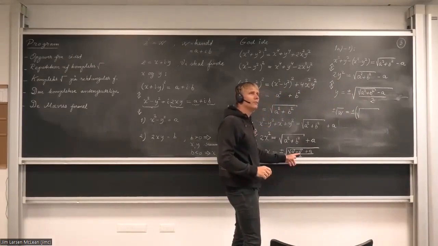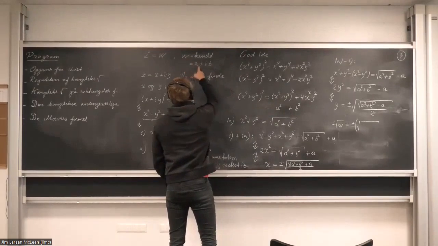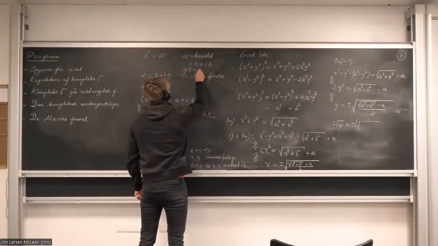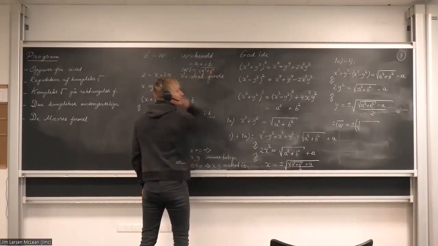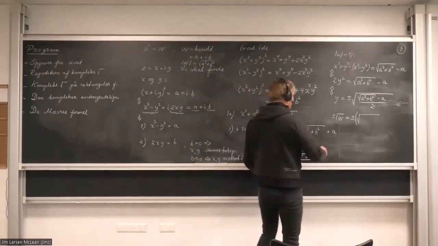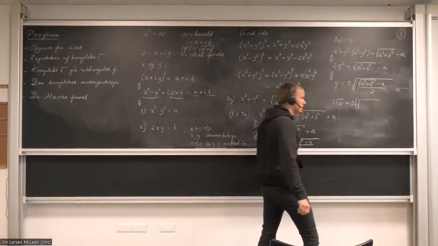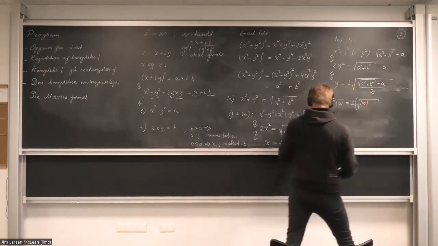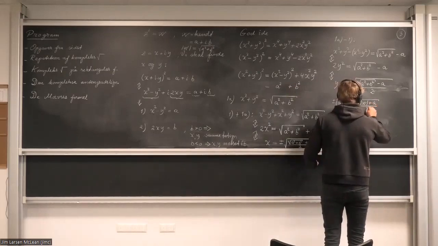It was the magnitude of w, because w is a plus ib. So that's the modulus of w. That means I can write the formula a bit more elegantly. Whenever I see something like the square root of a squared plus b squared, I just write modulus w instead. So here we should write modulus w. Then there's plus a divided by 2.